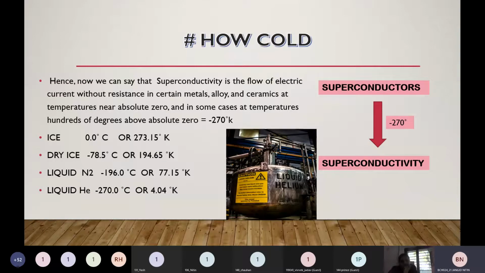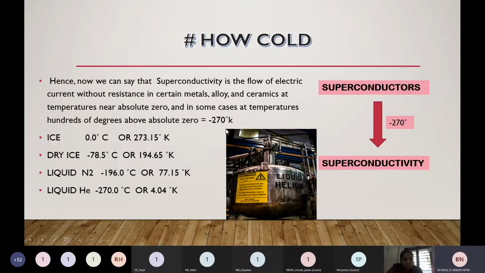Till now, we can say that superconductivity is a flow of electric current without resistance in certain metals, alloys, and ceramics at temperatures near absolute zero, and in some cases at temperatures hundreds of degrees above absolute zero. So how much is minus 70 degrees?